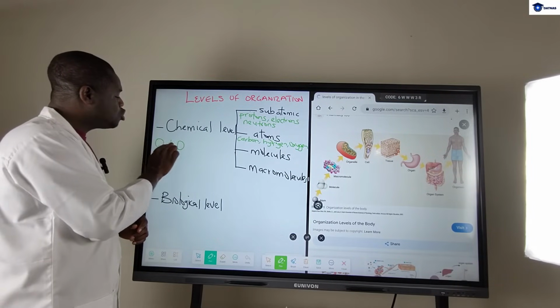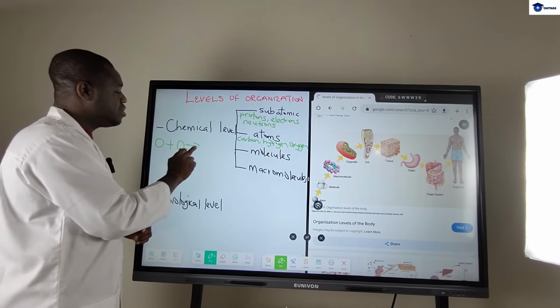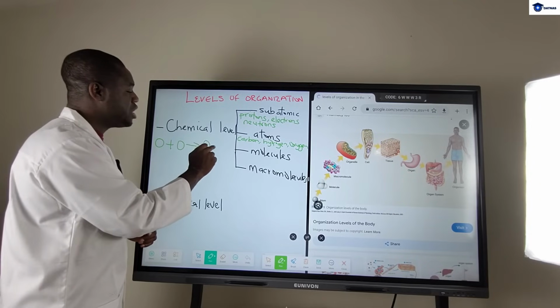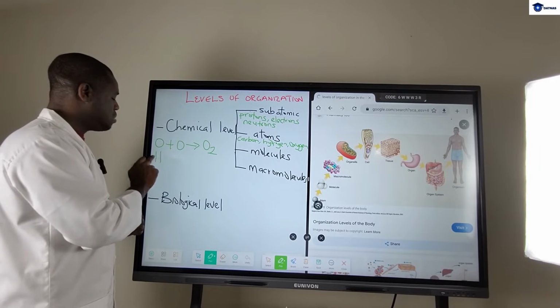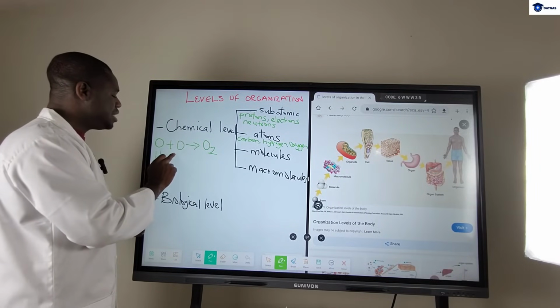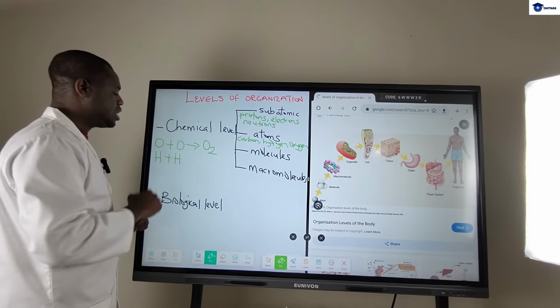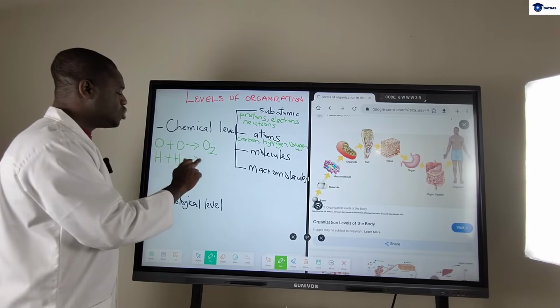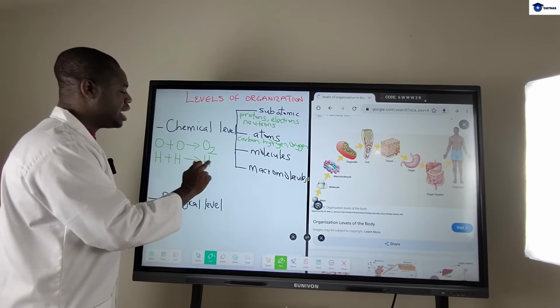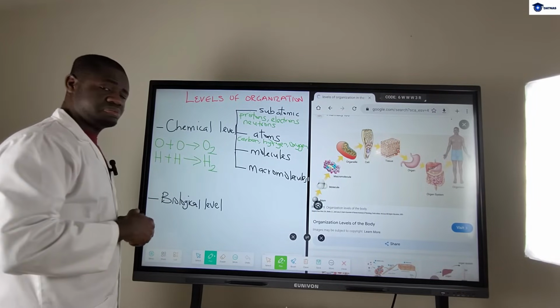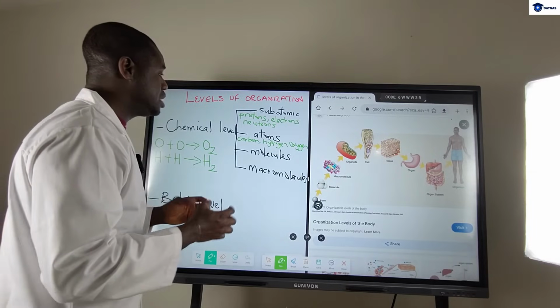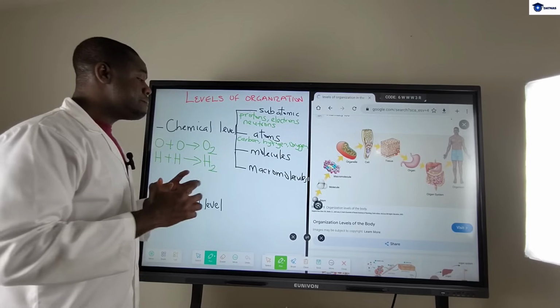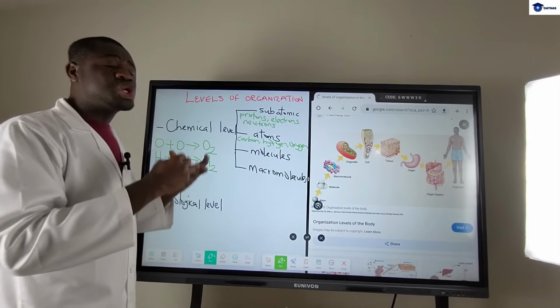Now we have two atoms of oxygen forming oxygen molecule. We have hydrogen atom combining with another hydrogen atom. So these two atoms form hydrogen molecules. That is, for a molecule to be formed, two atoms must unite, must come together.